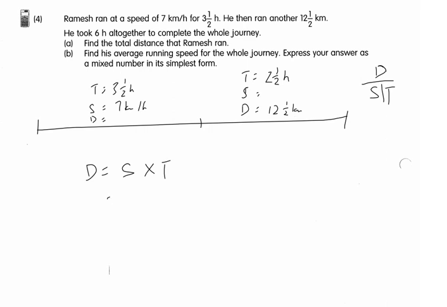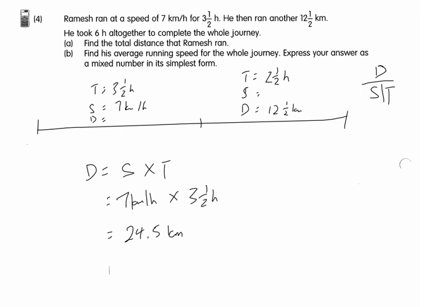I want to find the first part. What's the speed for the first part? Sky. 7 km per hour, right? Then what's the time taken for the first part? 3.5 hours. What's the answer that I'll get? 24.5, right? What's the units? km.